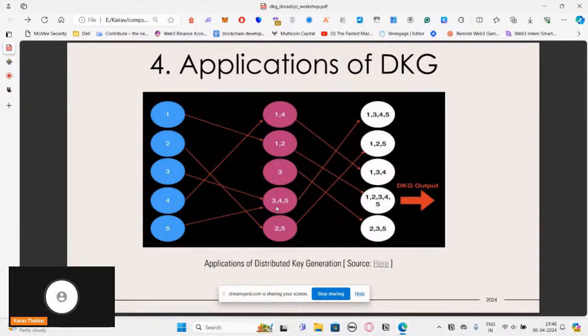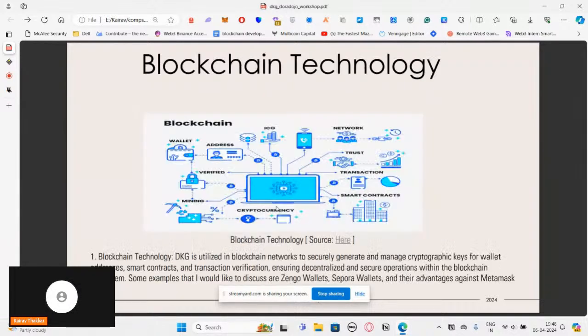Now let's look at the applications of distributed key generation. Blockchain technology. I think this is something that is quite evident when you talk about distributed key generation and decentralization. One thing that I would recommend to the listeners of the workshop and everyone in the blockchain space is to explore MPC wallets. I have seen a lot of people using MetaMask, and I use it to some extent too.